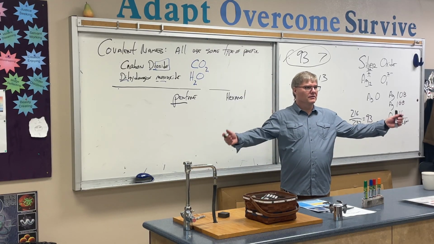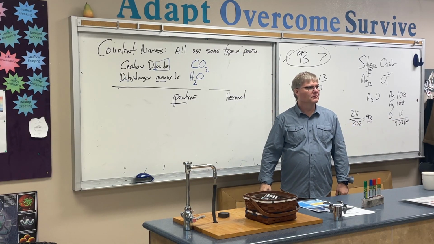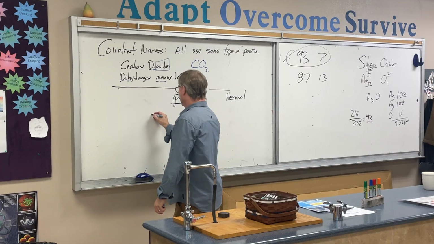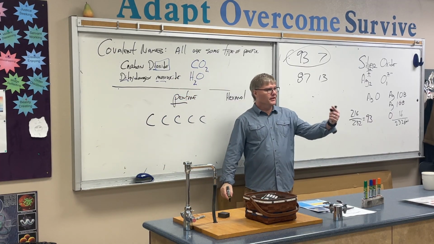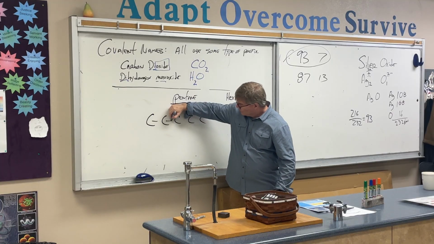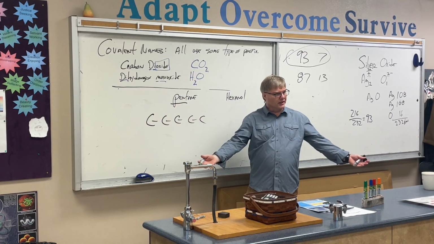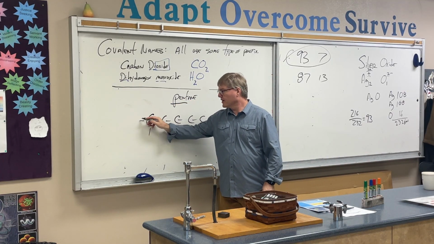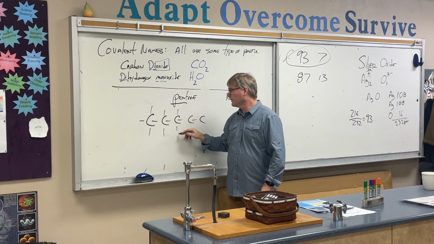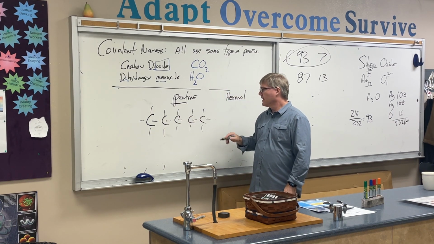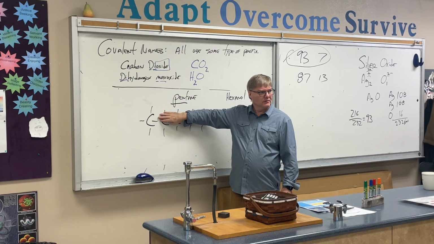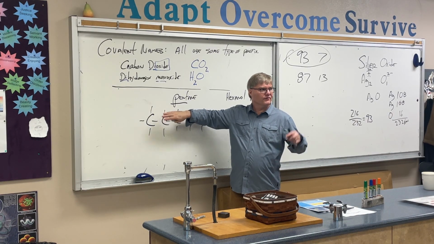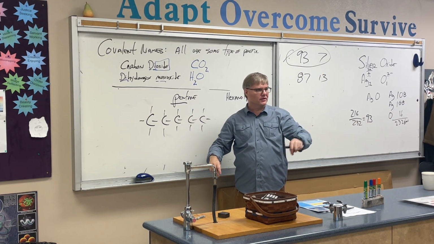Step 1, how many are in a pent? 5. Okay, so I'm going to go 1, 2, 3, 4, 5. Then I'm going to connect all these with a shared pair. Done. And then I have shared pairs that are going to come out here. How many lines should there be on a carbon? 4. This carbon has 4 valence electrons.